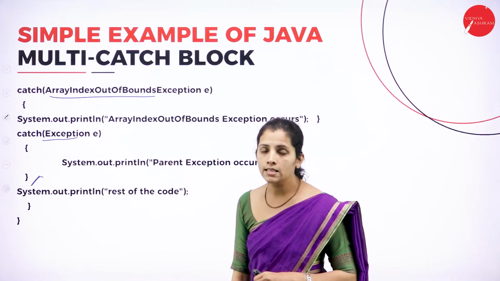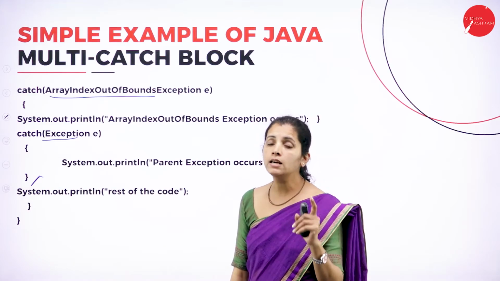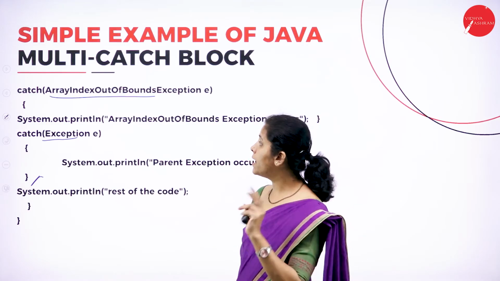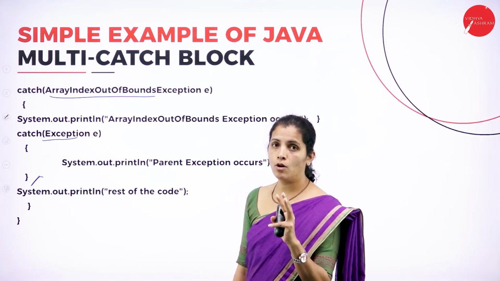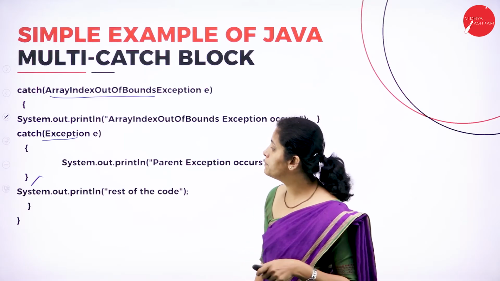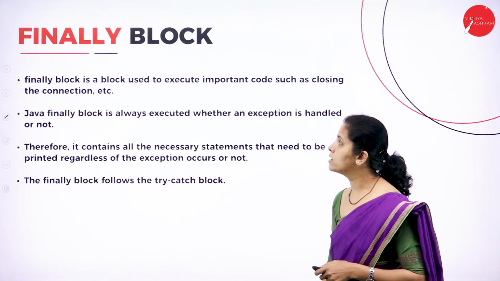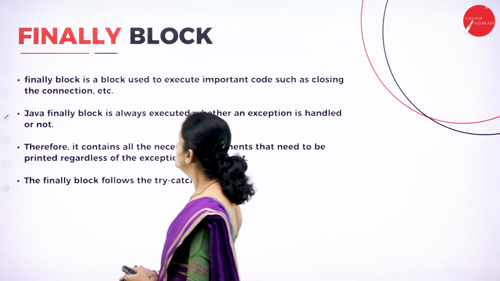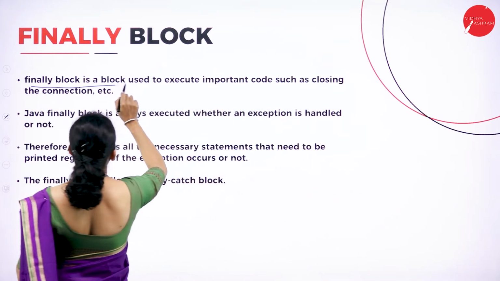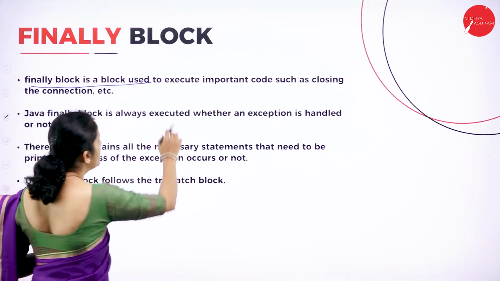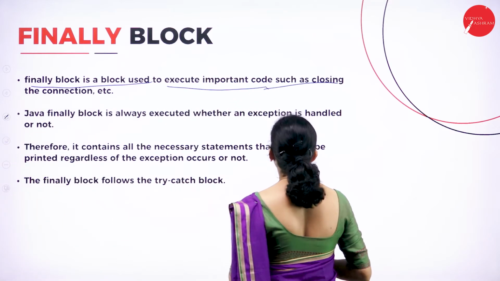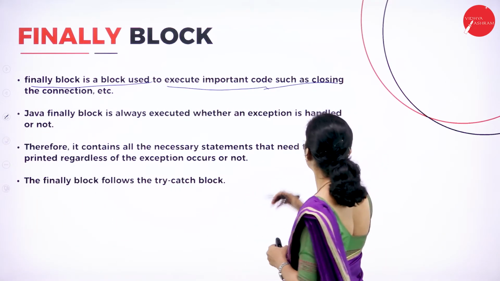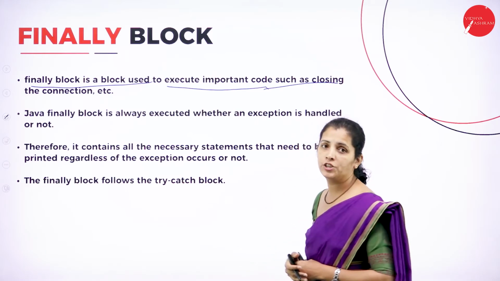So this is the example for a single try block followed by 3 catch blocks, or it's nothing but multiple catch blocks. Now I'm going to have the finally block. A finally block is a block used to execute important code as well as closing the connection.